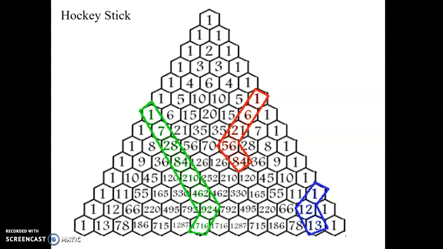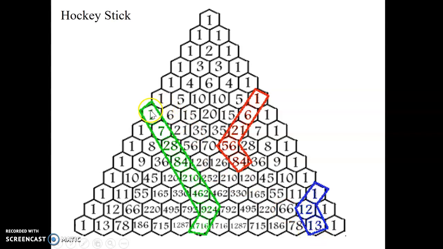All right. The first kind of neat thing about Pascal's triangle is called a hockey stick. I'm going to start with this red one here. So if you add the diagonals here, 1 plus 6 plus 21 plus 56 equals 84. Over here to the blue, 1 plus 12 is 13.